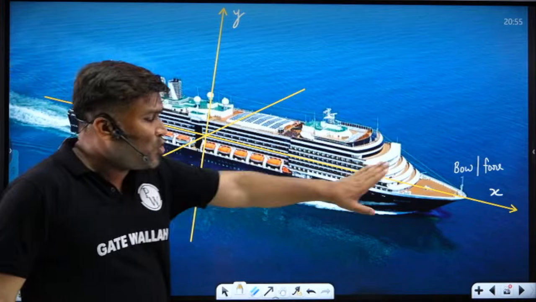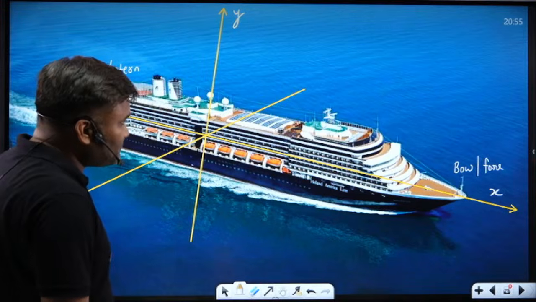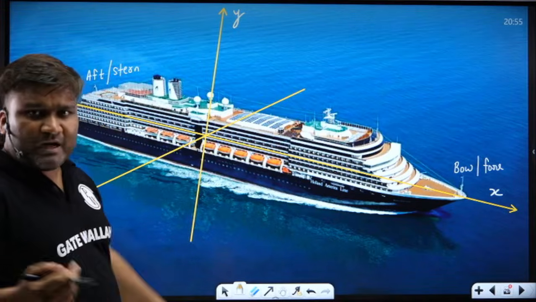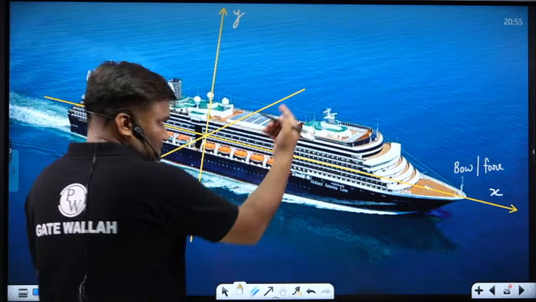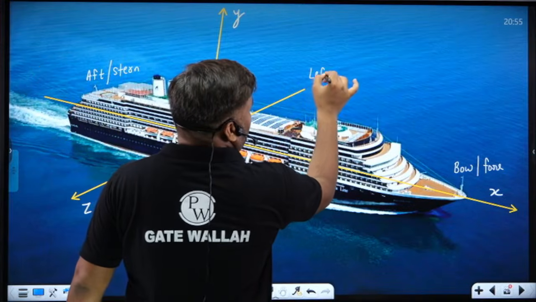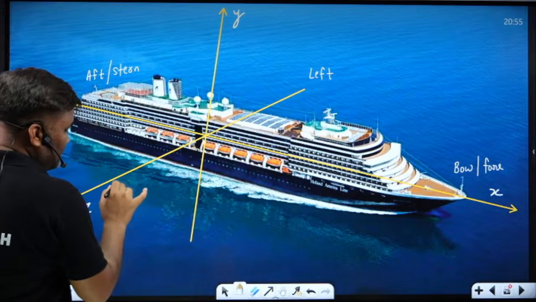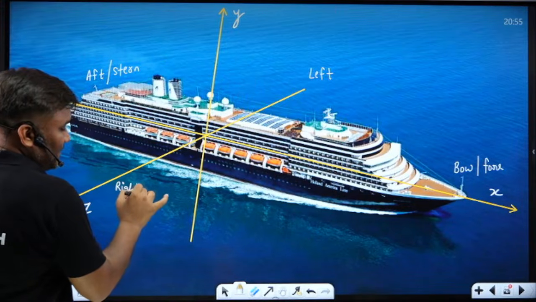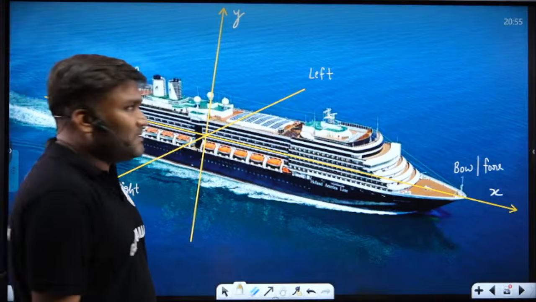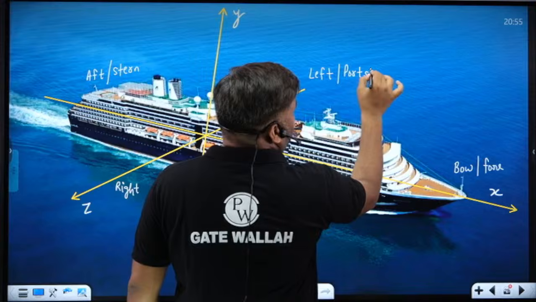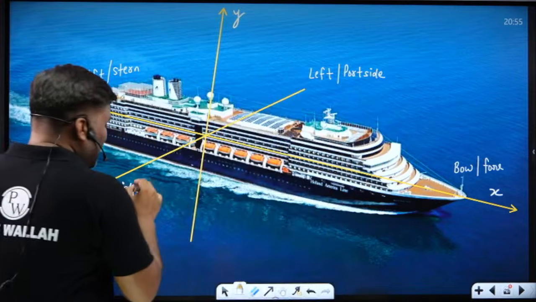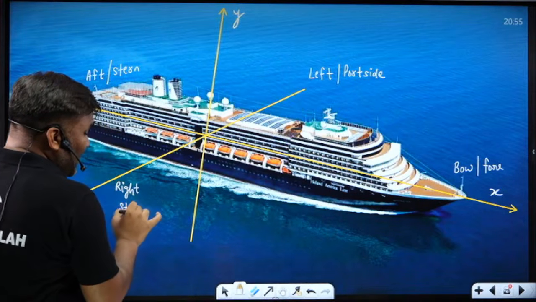So this is bow and this is aft. Left, right: the ship is taking a left turn or right turn, they never say left, right. Yes sir, this is the left side, this is the right side, but they don't use these words. They say left as port side, and the right side they say as starboard side.